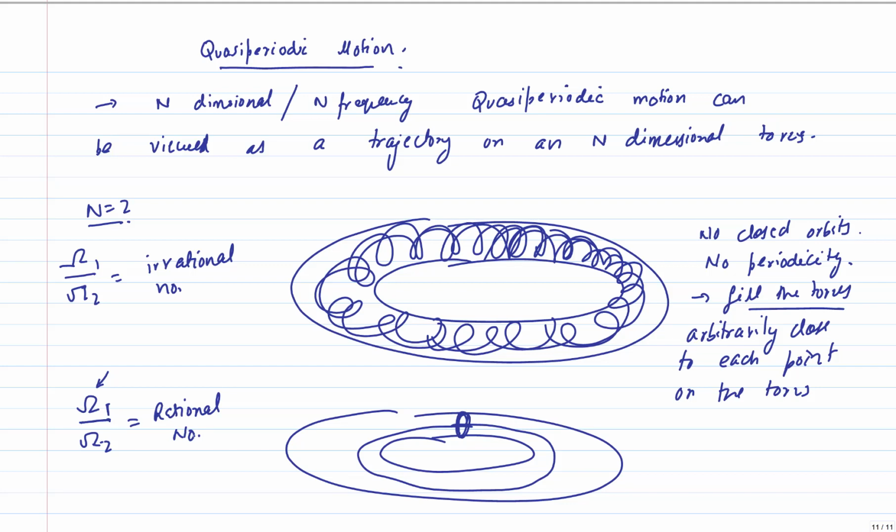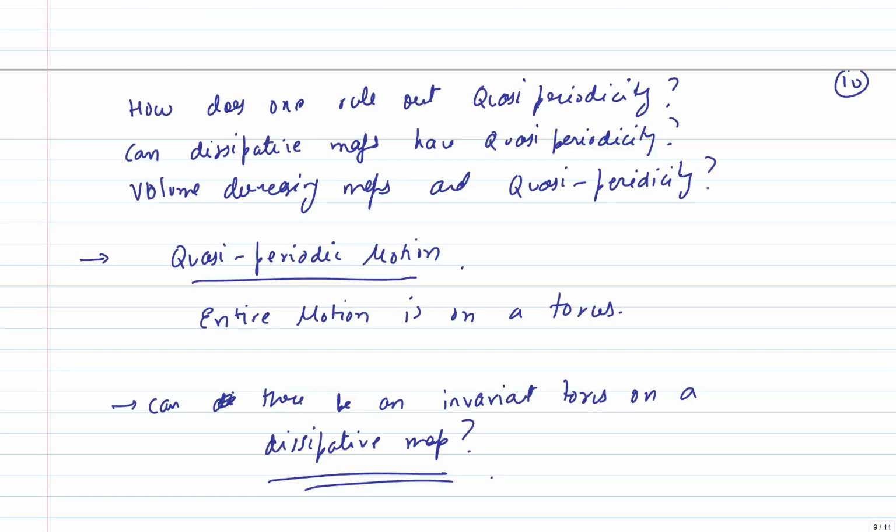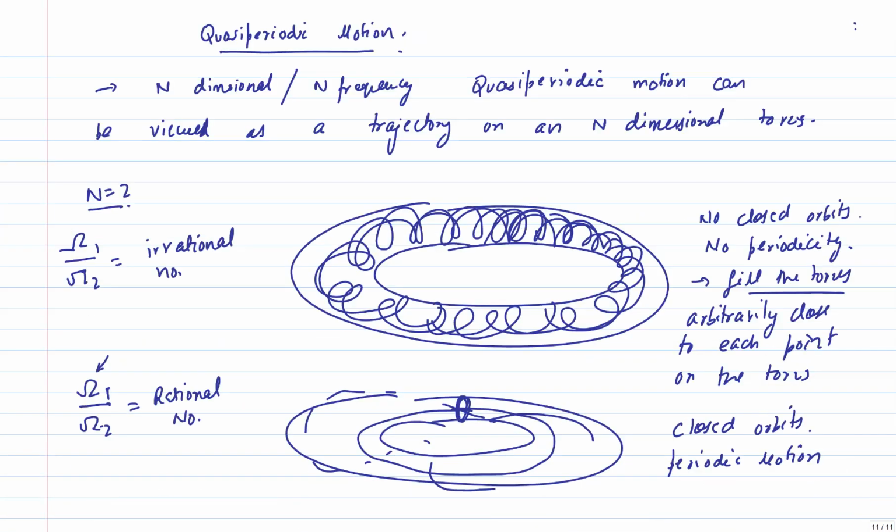Well, when it's a rational number, then eventually the orbits are going to wrap around and close. So you will have closed orbits, periodic motion. So we are continuing this. This is 11.